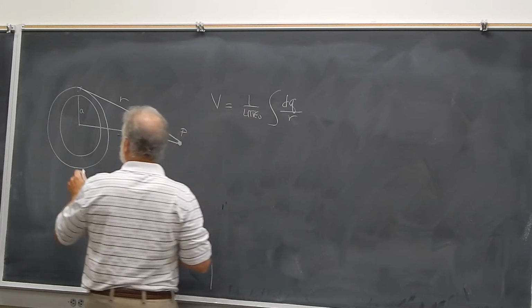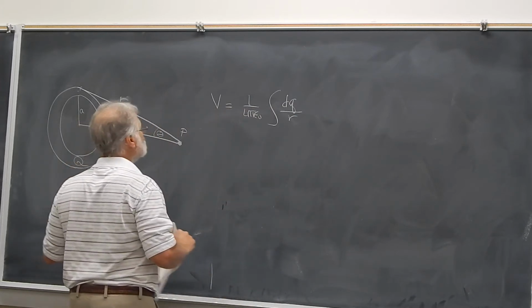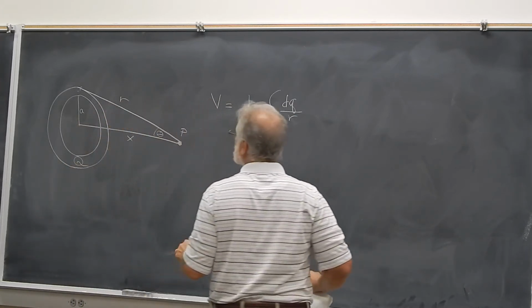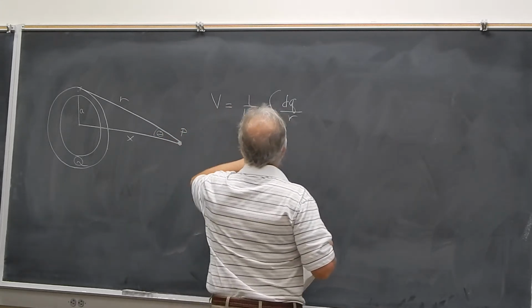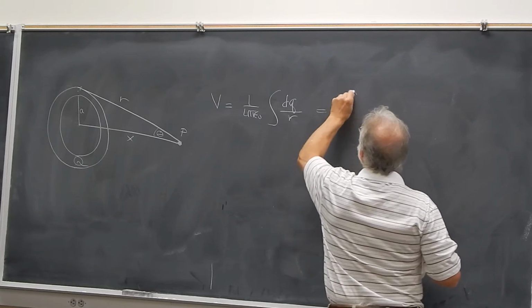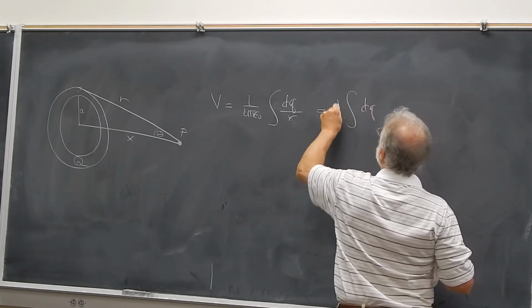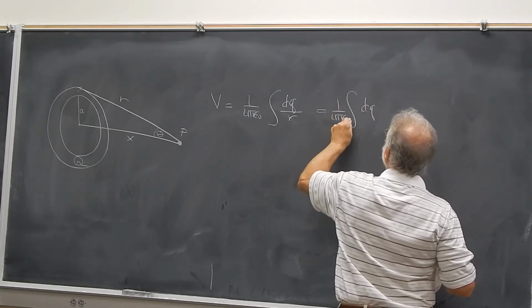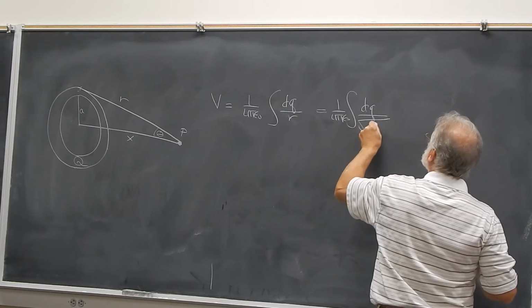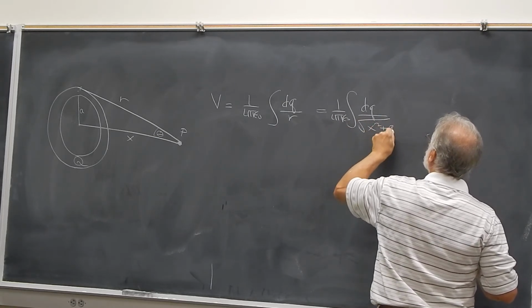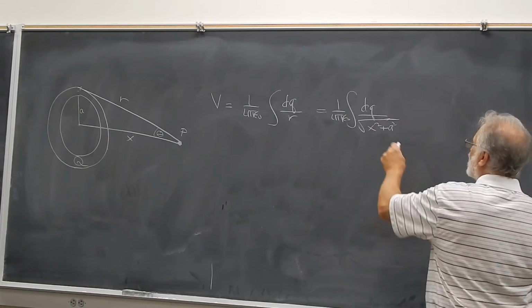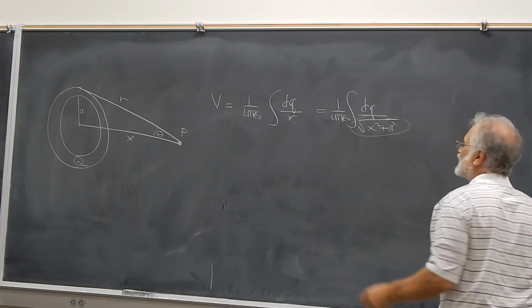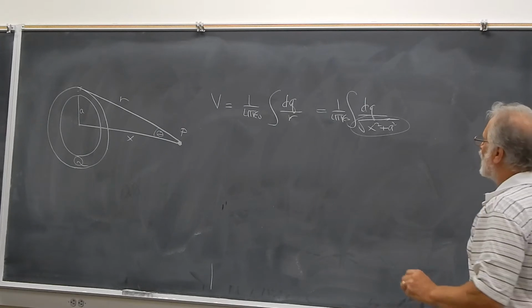If the ring has a total charge q, notice, I can write r as the square root of x squared plus a squared. But these guys are constants. x and a aren't changing in this problem.